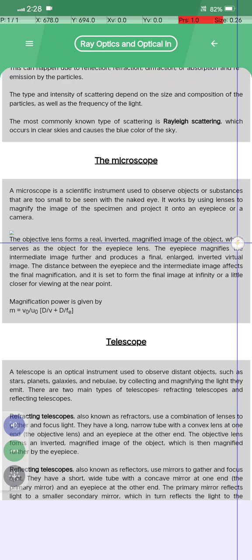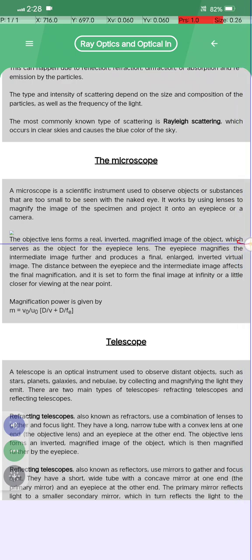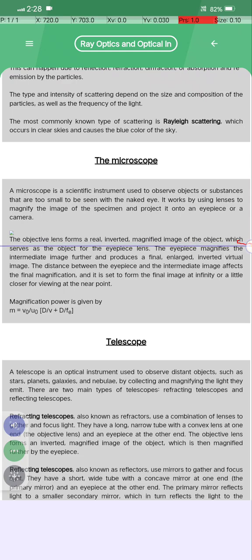The objective lens forms a real, inverted, magnified image of the object, which serves as the object for the eyepiece lens. The eyepiece magnifies the intermediate image further and produces a final enlarged, inverted virtual image. The distance between the eyepiece and the intermediate image affects the final magnification, and it is said to form the final image at infinity or a little closer, at the near point.